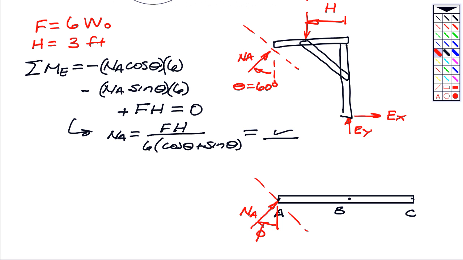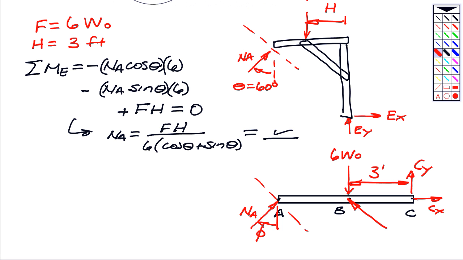There are the pin reaction forces CX and CY acting at joint C. The load here is 6W0, acting at a distance of 3 feet to the left of C. And then we have the load that's carried by member BD.